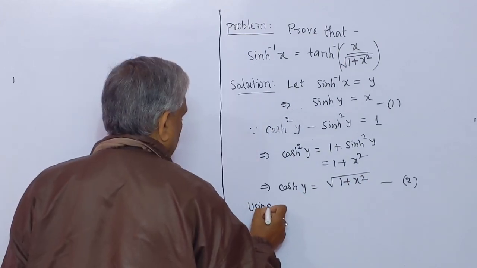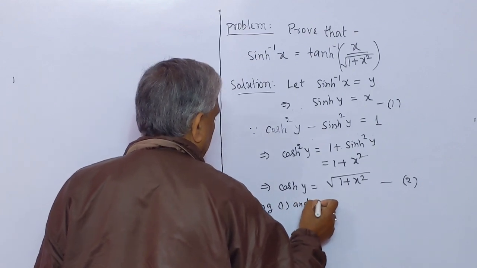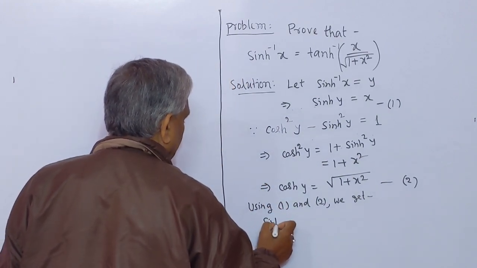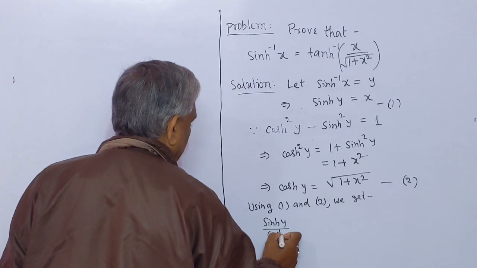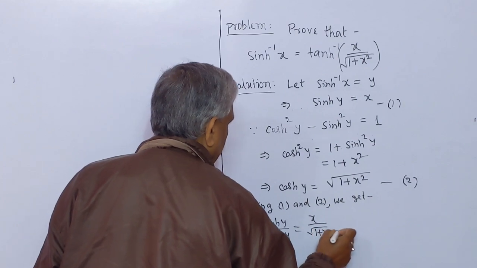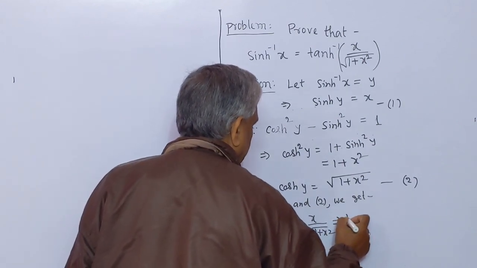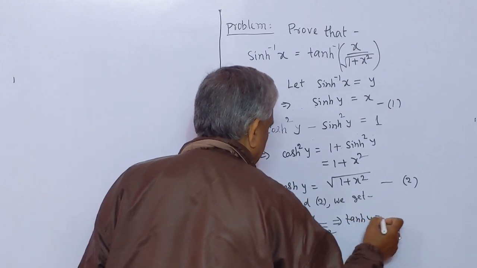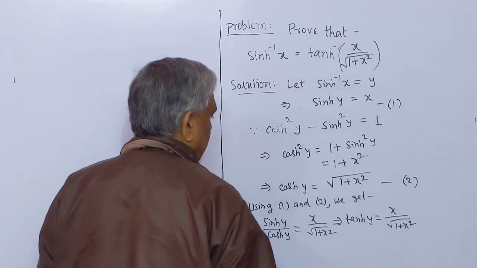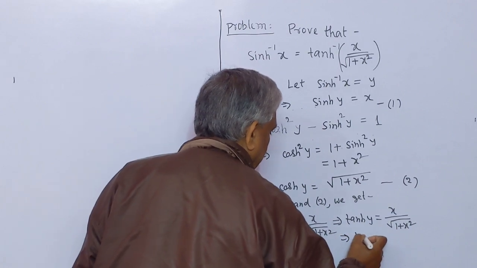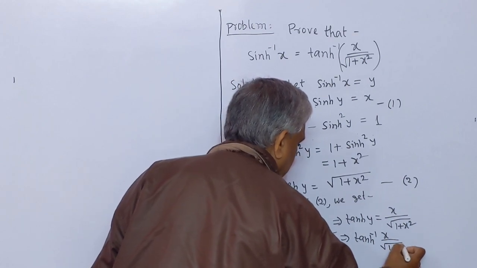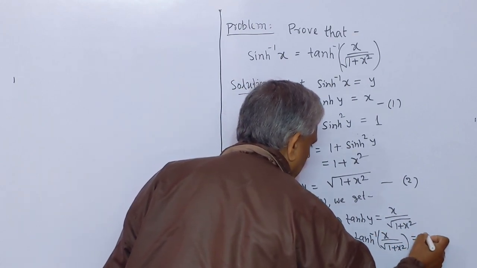Using 1 and 2, we get sinh y by cosh y equals x by square root of 1 plus x square, which implies that tanh y equals x by square root of 1 plus x square, which implies that tanh inverse of x by square root of 1 plus x square equals y.